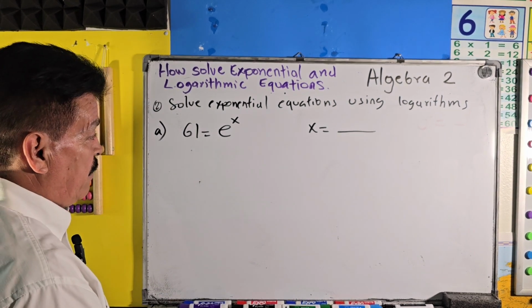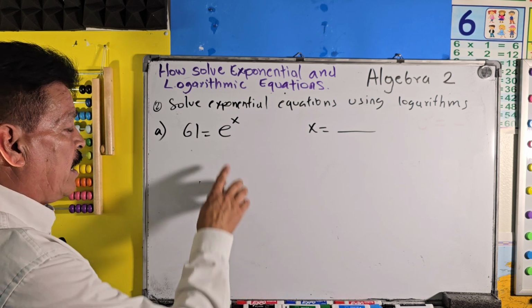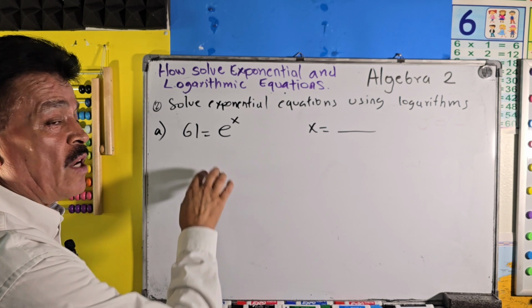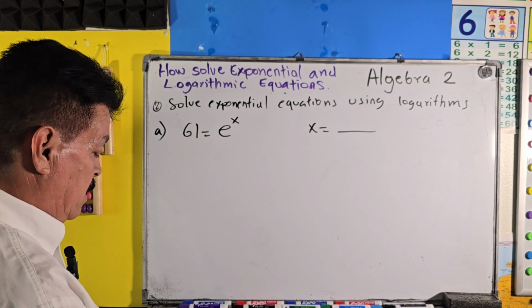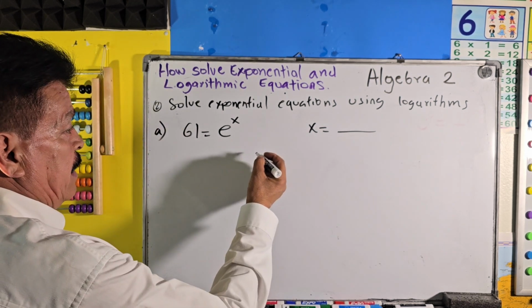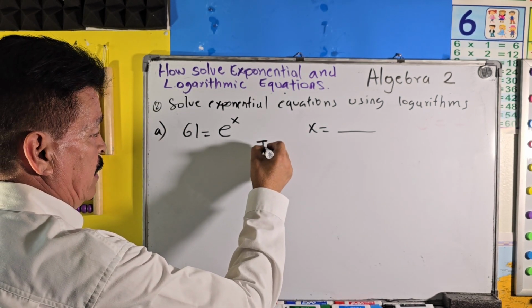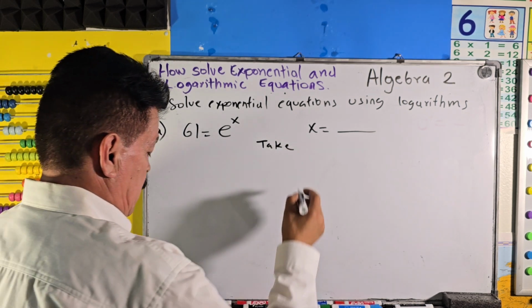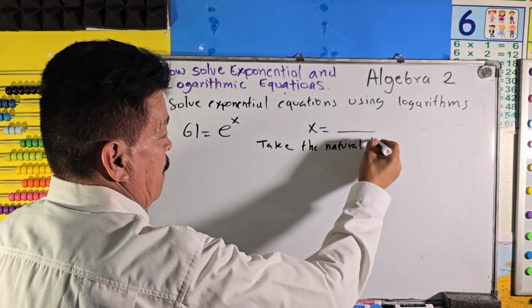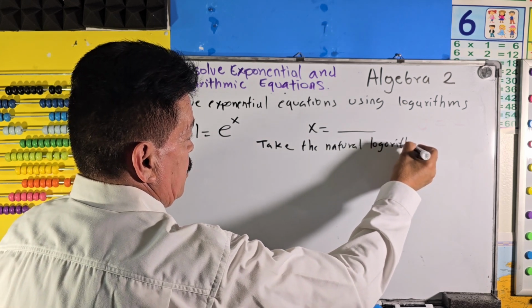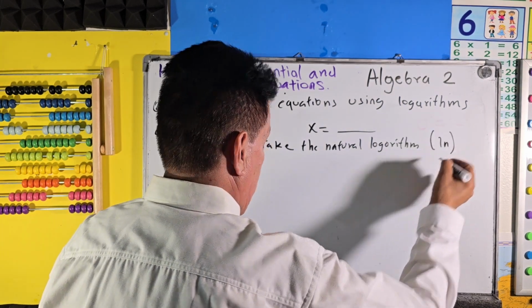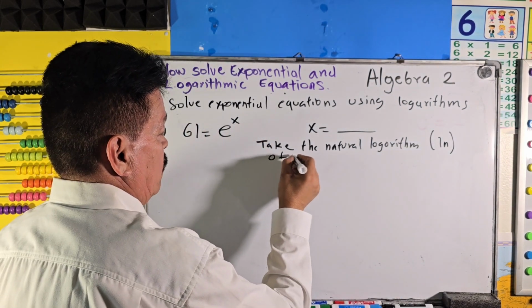Therefore we have to take the natural logarithm of both sides.